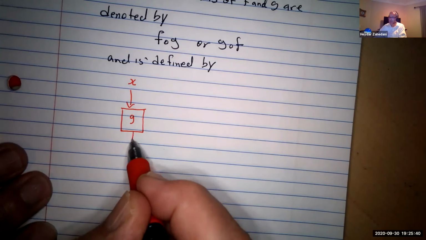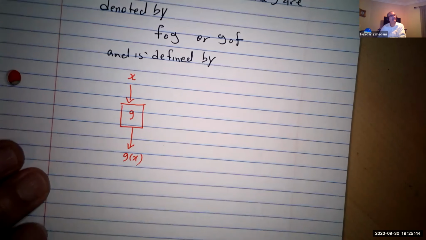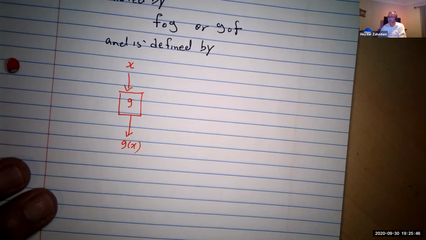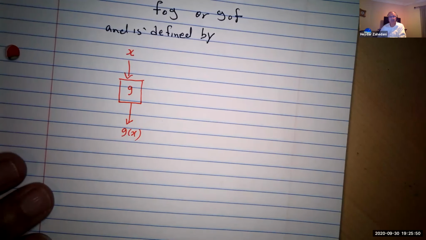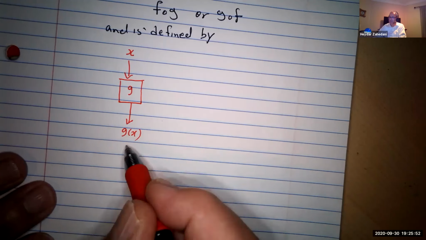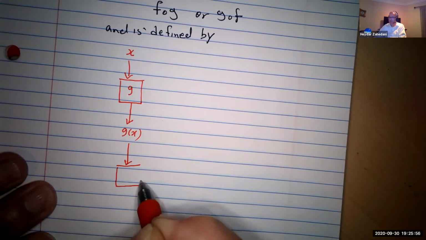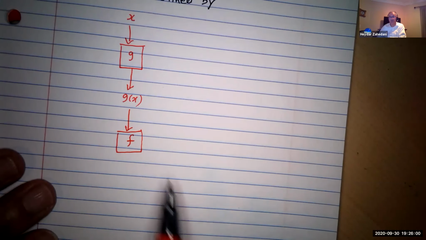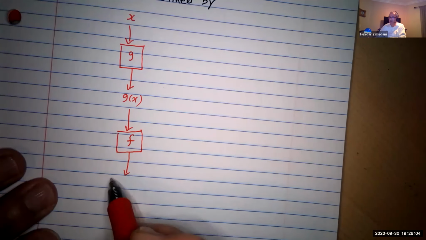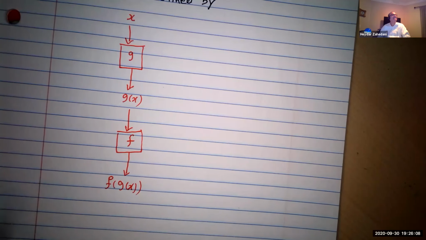So the result is going to be g of x. They read your application. Then the next one is an interview, so we bring the next function, the f function. f will act on g of x, and this is going to be the output.